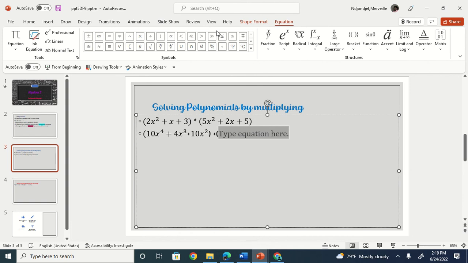So now we have x. So x times 2x is going to give 2x squared.